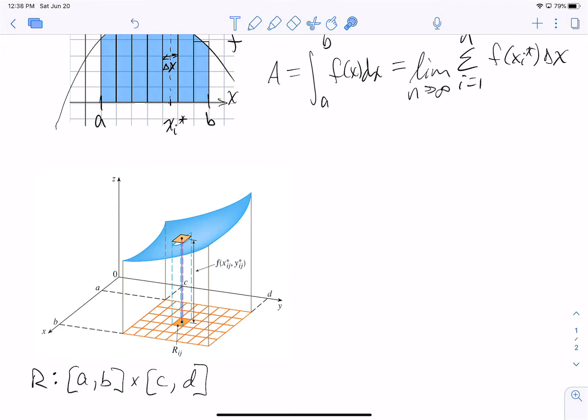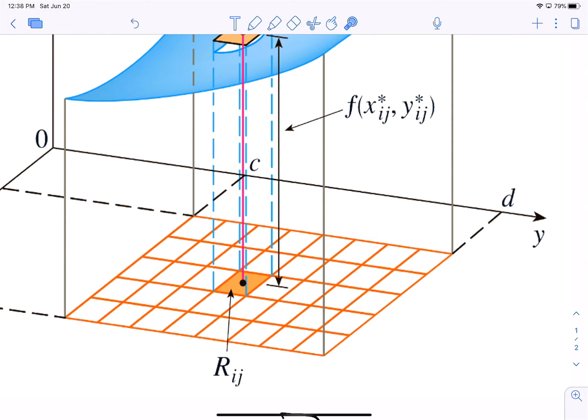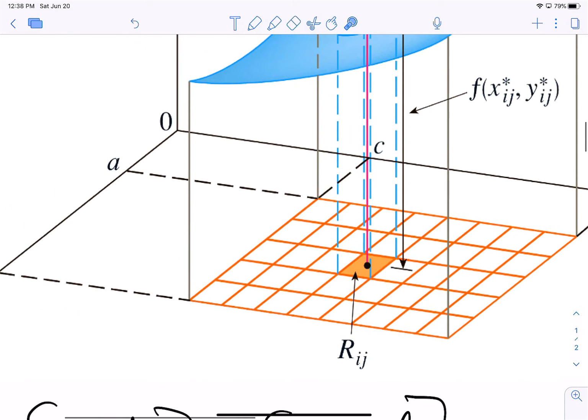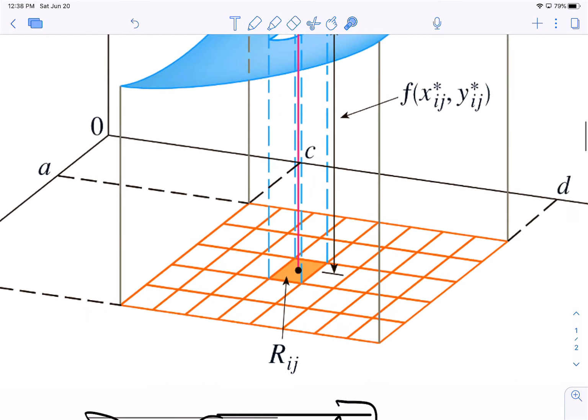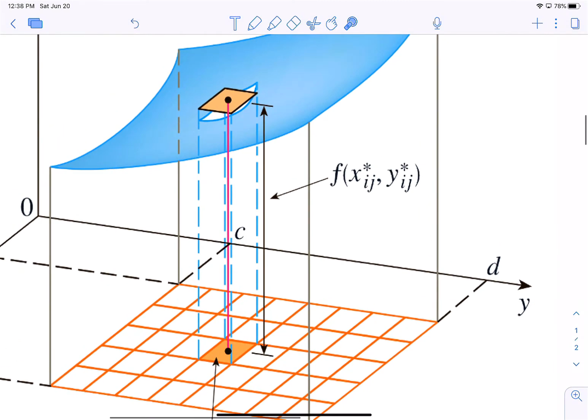You can see there's identified a rectangle within this region, and it's given by R sub ij, and what this is indicating is that it's in the ith subinterval on the x-axis between a and b, and the jth subinterval on the y-axis between c and d. An element within that ijth rectangle is x sub ij star, y sub ij star, and the function evaluated at that input is going to give the height of a column, which is a rectangular solid.